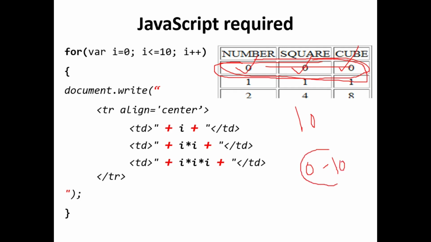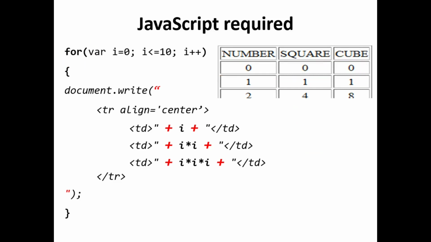Now the repetition cannot be done by HTML unless you manually copy and paste the code 10 times. Instead, there is a concept called for loop in every programming language. So JavaScript here is used to repeat creating a row with 3 cells: a number, its square and its cube.